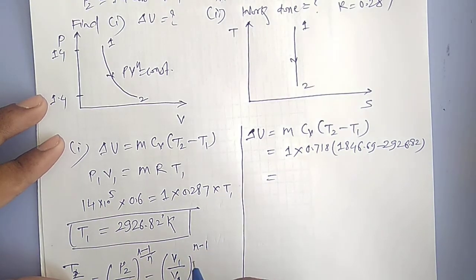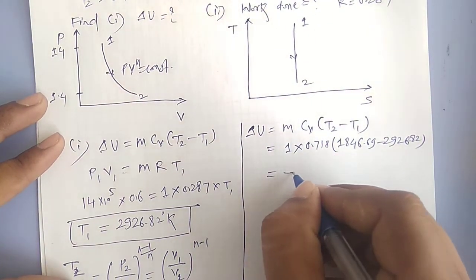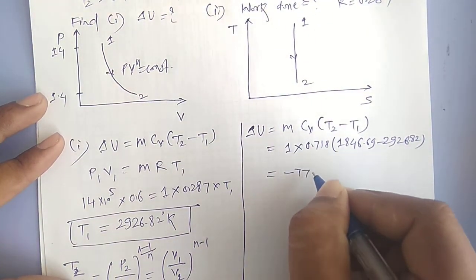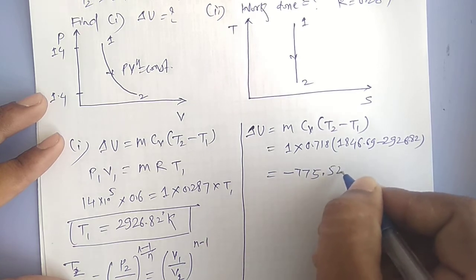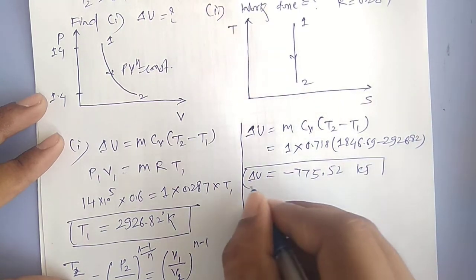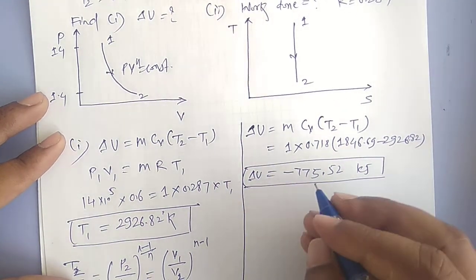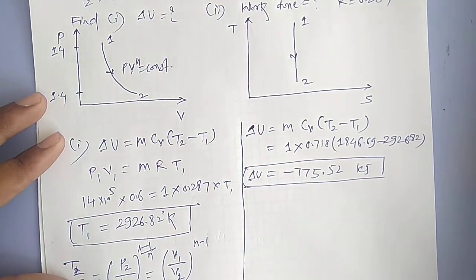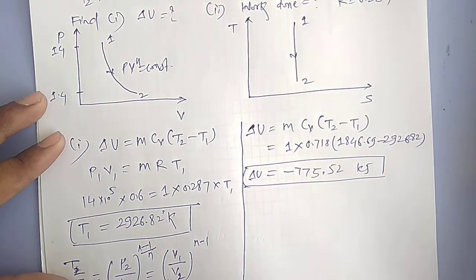The change in internal energy value is minus 775.52 kilojoule. Here the value of change in internal energy is negative. That negative sign indicates that the internal energy decreases.